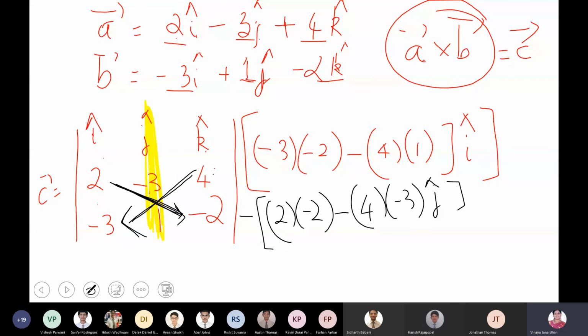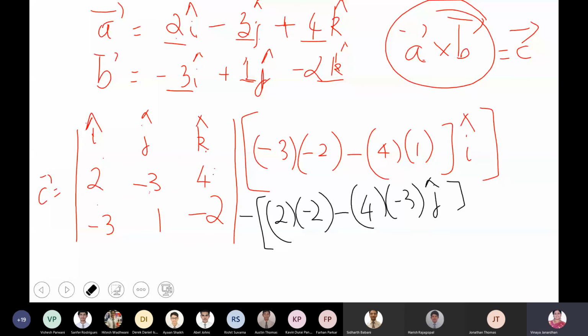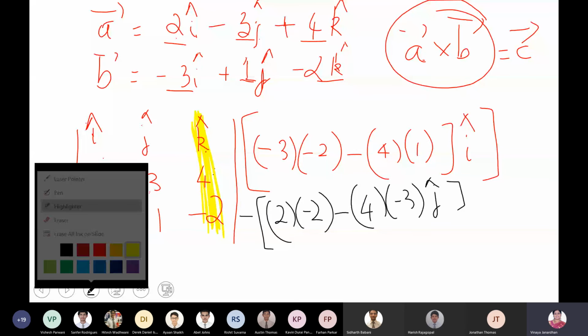Now I'll have to go for finding the coefficient of K cap. So I'm just erasing it. Okay. Now I'll take the highlighter. Whatever is in K cap, I have to forget those elements. Whatever I'm highlighting, I'm neglecting those numbers.